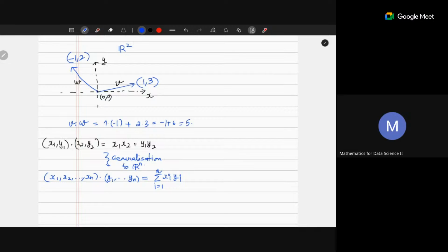This is the dot product that we define in higher dimension of Rn. Obviously, for n greater than 3, it is hard to visualize what we mean by this dot product, but this still makes sense, right?